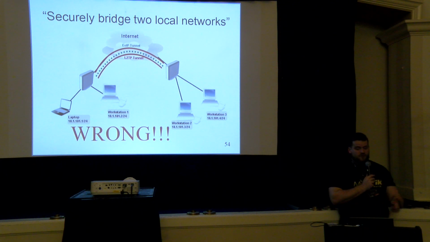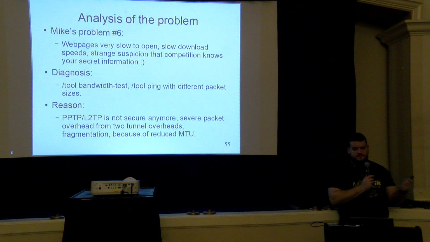Currently, it's wrong for many reasons. First of all, there's a double header. Web pages open very slowly, slow download speed, and also this is very insecure. Basically, it takes seconds for somebody with the right equipment to get into that L2TP and PPTP connection.